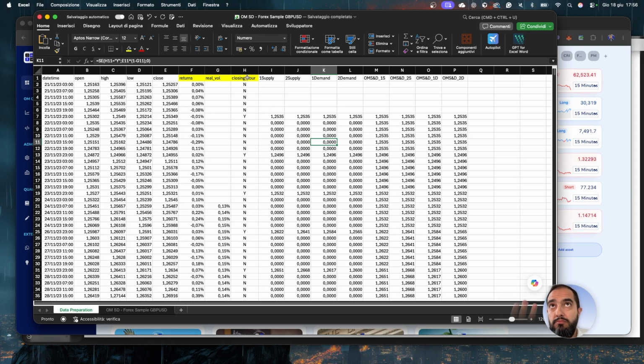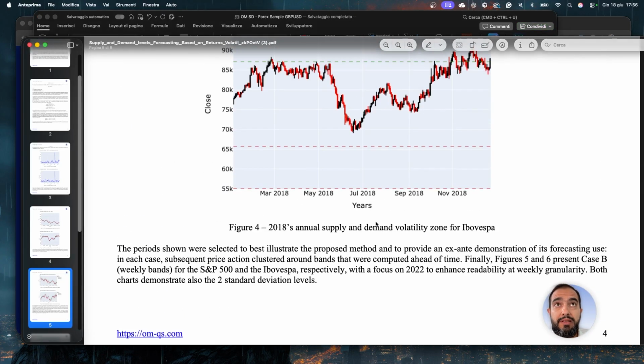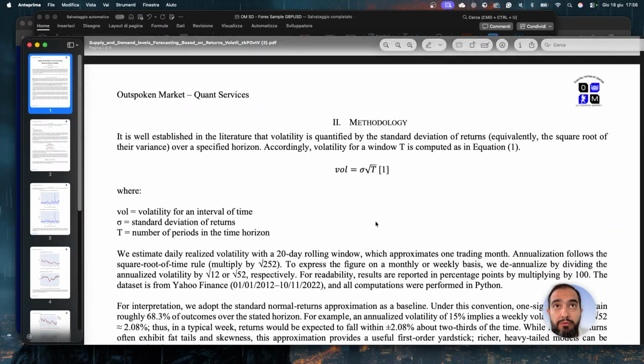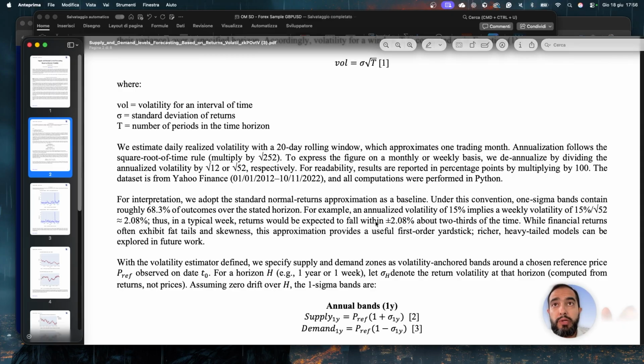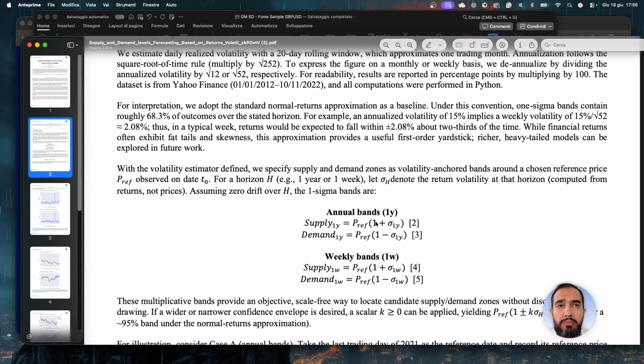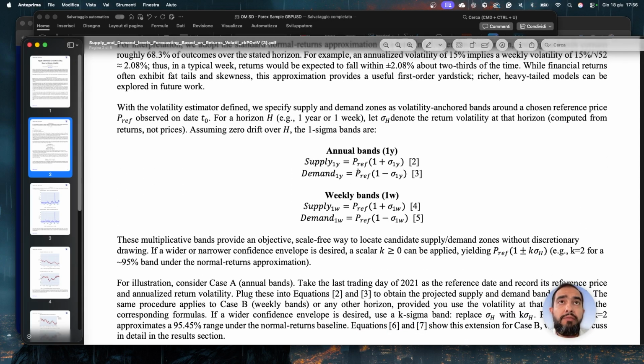Great. Another column that we should be calculating is the supply level. So we have the first supply level. As per the paper, coming back to the formula, after calculating the volatility, with a simplification in our case here for the Excel, but it still works, we have the example of the bands, right? It doesn't matter if they are annual or weekly or hourly bands, whatever.